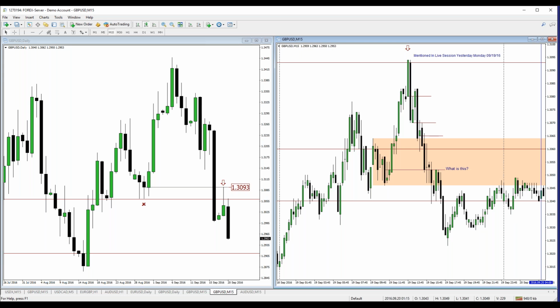That's exactly what you hope to see. This is where hope is allowed. You can't have hope while you're in a trade, but you can hope that the market gives you a setup that's along the lines of what you expect to see. So now we have a small little segment of price action.